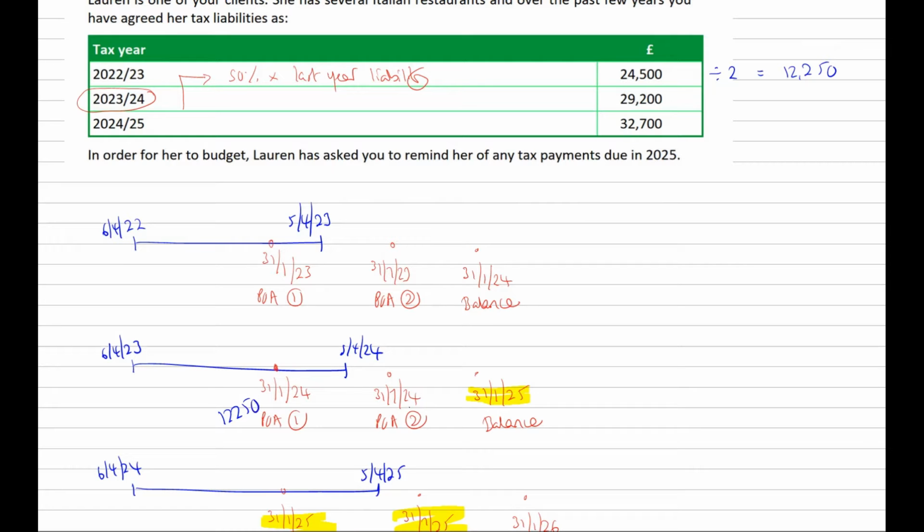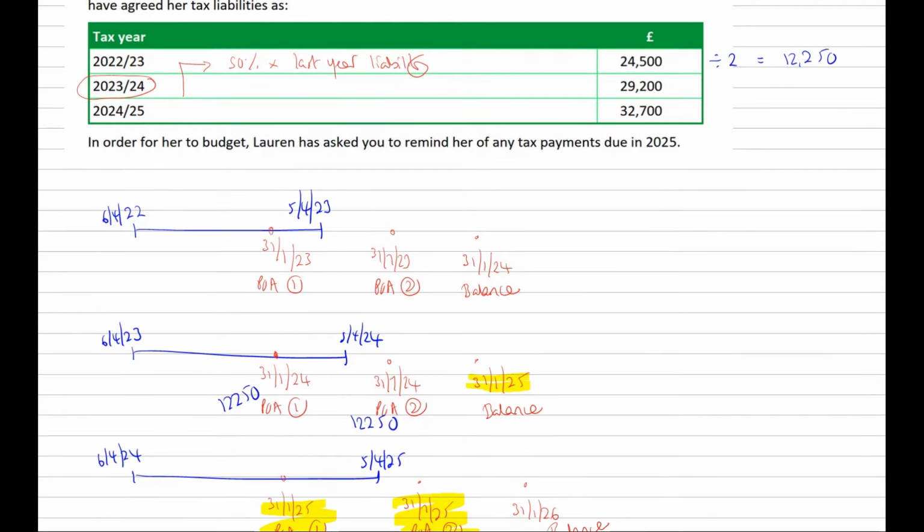I've got all the dates written down, so I don't need to worry about that anymore. Another £12,250 there. And then when I get to the end of the year, I'm able to say, oh, okay, I do actually know the total tax that's due for the year. And for the 23-24 tax year, the total tax outstanding is £29,200. I made 2 payments on account.